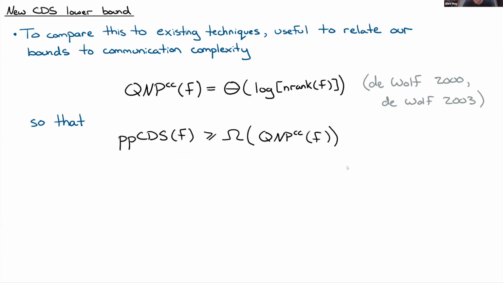So to compare these lower bounds to existing techniques, it's useful to relate the non-deterministic rank to something that's a little bit more familiar. In particular, we're going to make use of a characterization from Ronald de Wolf, proved in the early 2000s, which showed that a particular communication complexity setting called the QNPCC complexity, quantum non-deterministic communication complexity, is characterized tightly by the log of the non-deterministic rank.